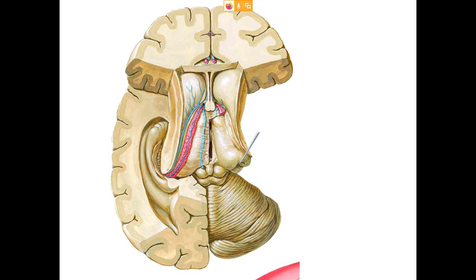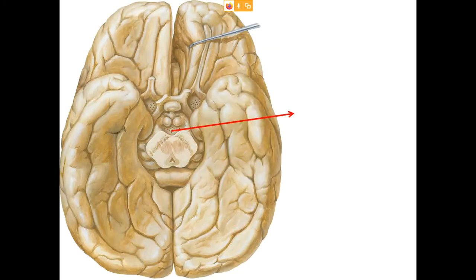Just remember the dentate gyrus, and then you can identify the intralimbic gyrus. The structures to remember here are the uncus, the parahippocampal gyrus, and medially the dentate gyrus.